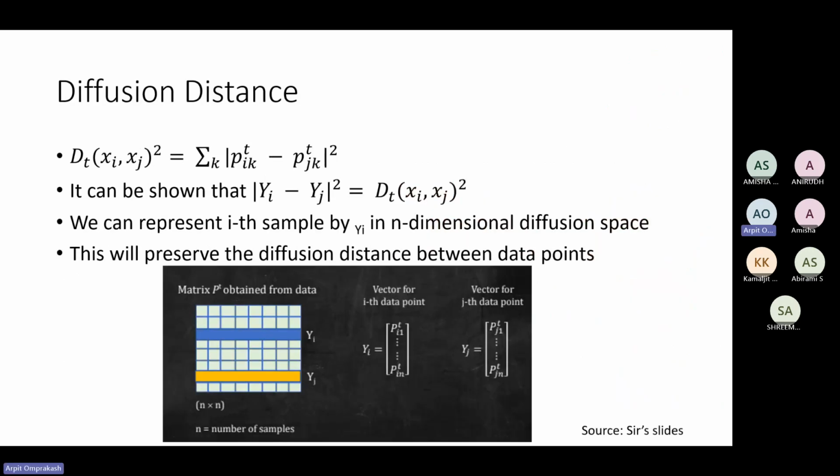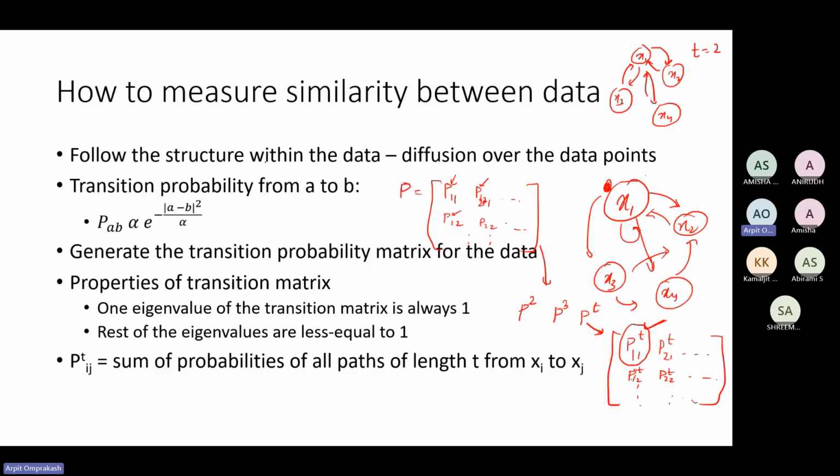So diffusion distance is defined as D_t between xi and xj, squared, given as the summation over k of (p_ik^t minus p_jk^t) whole squared. So basically, this is not the Euclidean distance. This is basically the distance between these two.